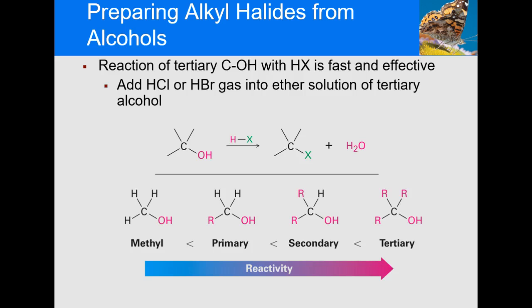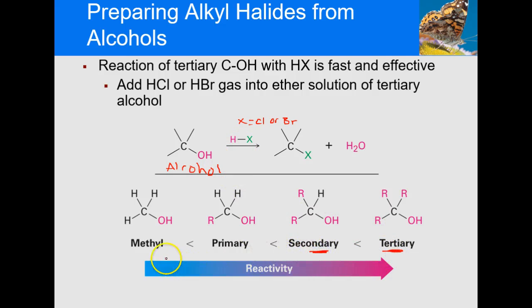The reaction is with an alcohol, so this time we are going to be using an alcohol rather than a double bond. So we're starting with an alcohol, and you're going to add some sort of HX, where X is either chlorine or bromine. You can do it with iodine, but usually people don't. Usually do it with chlorine or bromine. This actually shows you that tertiary is much better. So this process of adding HX to an alcohol, really you want to do it on a tertiary or a secondary.